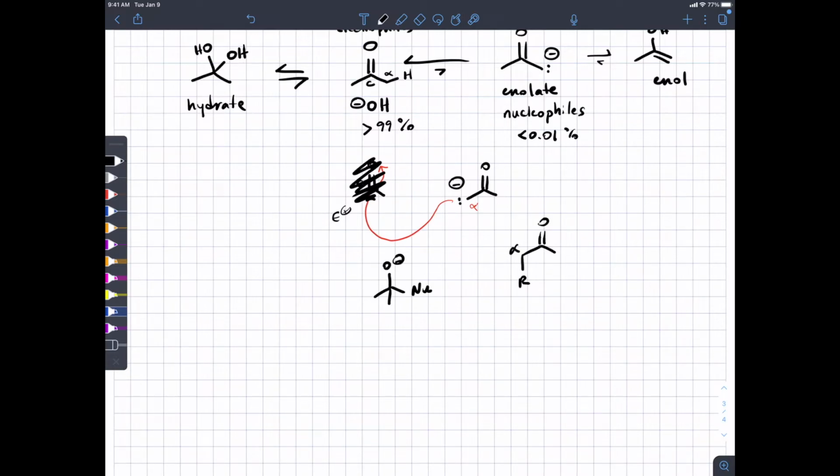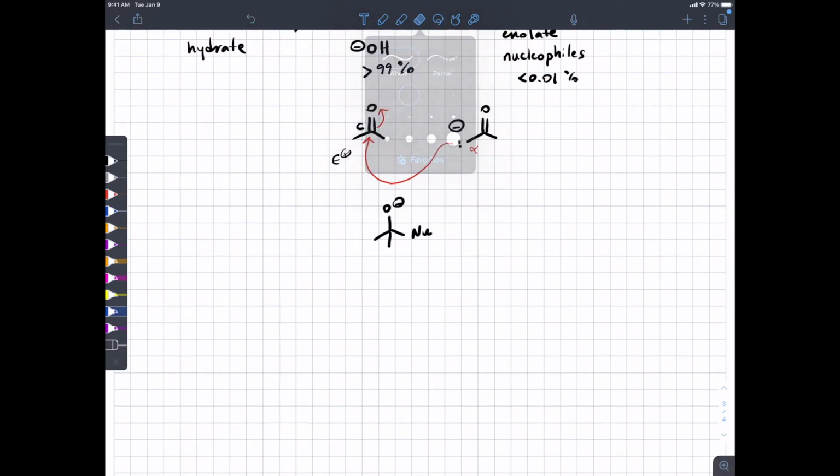The problem is we're just bringing these two things together now. And I want you to not see this as a totally new reaction, but just another example of enolate as a nucleophile and carbonyl compound as an electrophile. So you should be able to predict at this point what the product is going to look like.